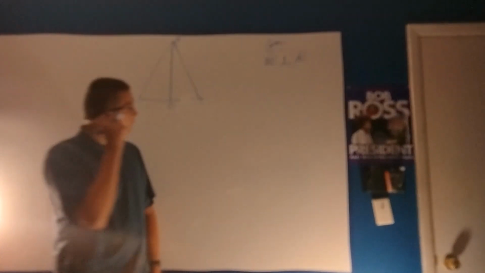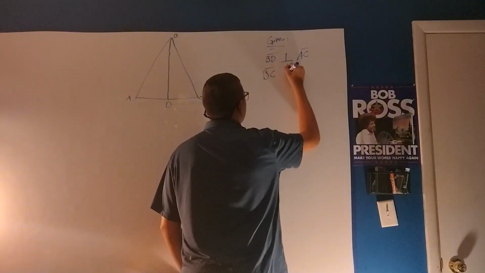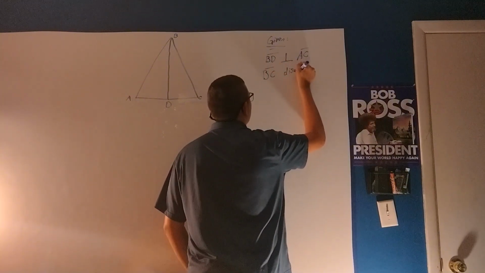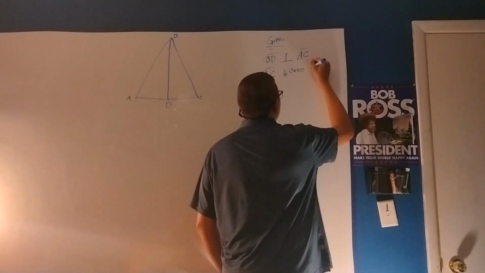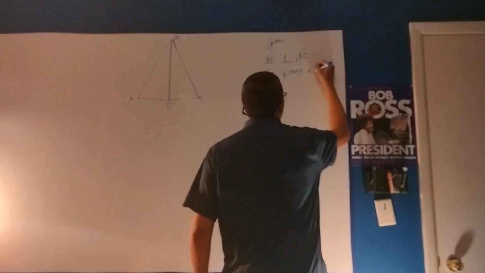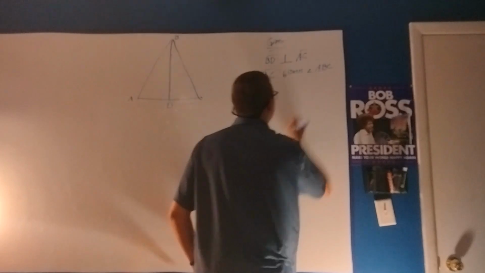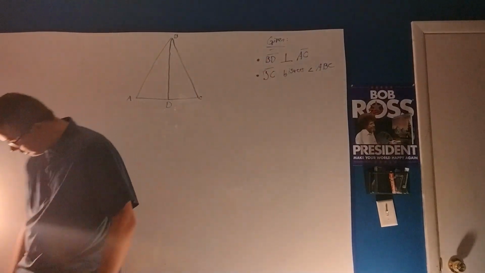We're going to be told that BC bisects angle ABC. So BC bisects angle ABC. Yep. Like that. There's point 1, point 2.